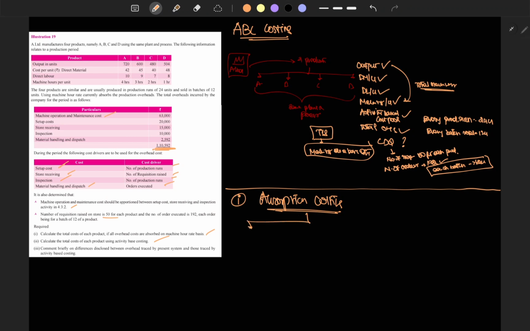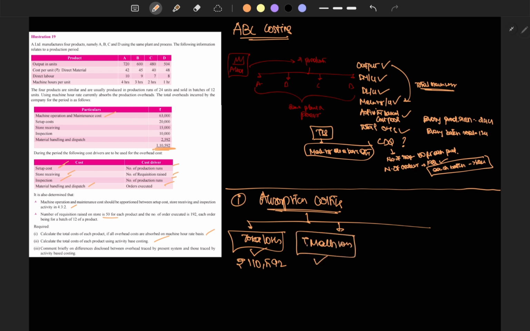So absorption costing. Total overheads given, which is how much rupees? 1,10,592. What else? Machine hour rate, total machine hours, right? This we have to find.